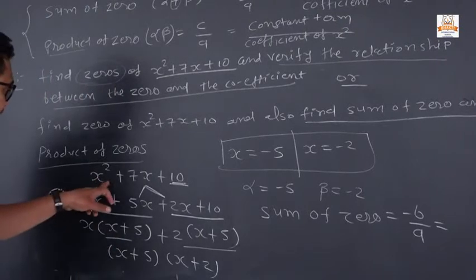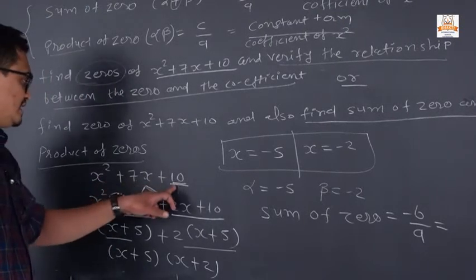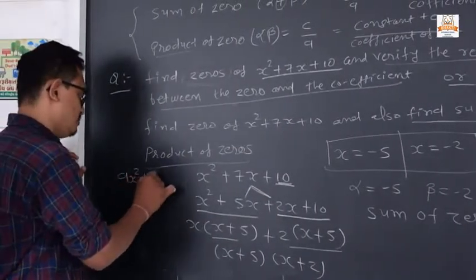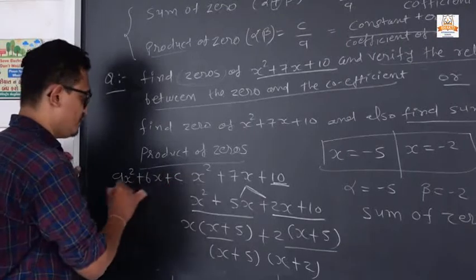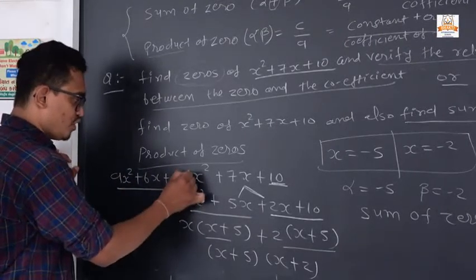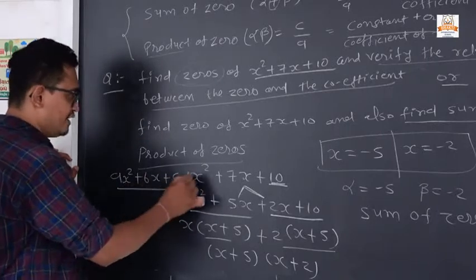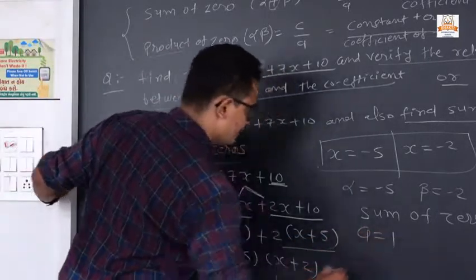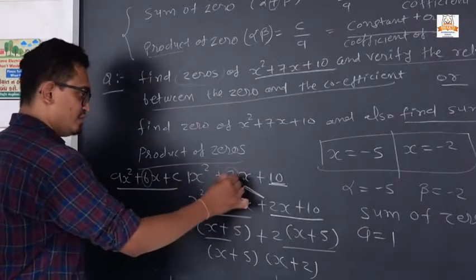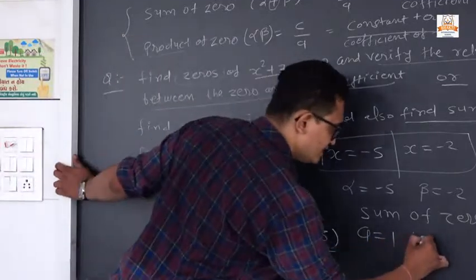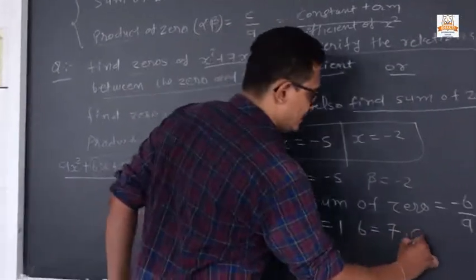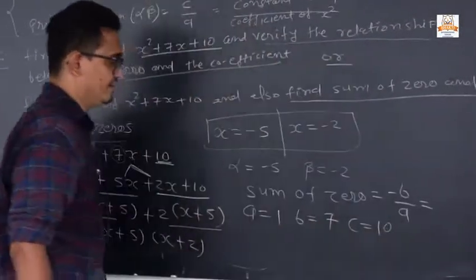If we compare this quadratic polynomial with our standard form, ax square plus bx plus c, then the coefficient of x square is 1, so a is 1. Then b is 7, because it is the coefficient of x. And the constant term is 10, so c is equal to 10.